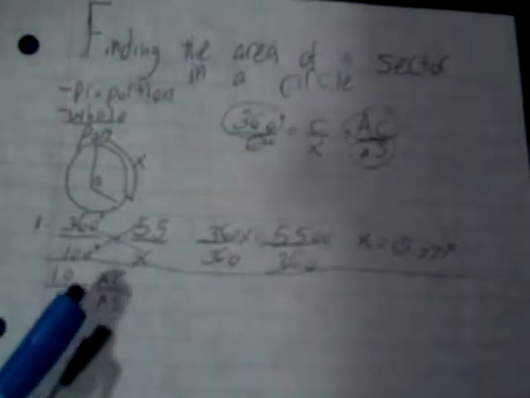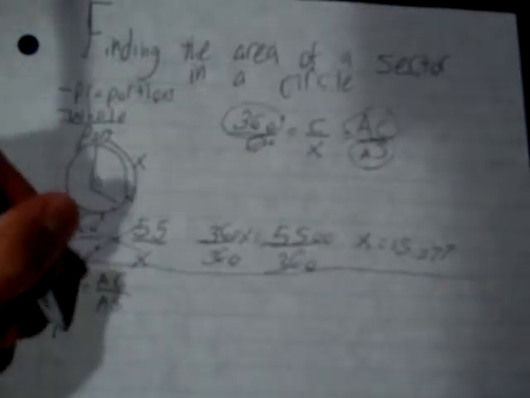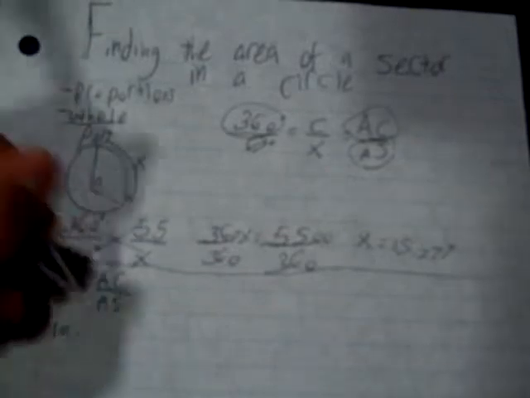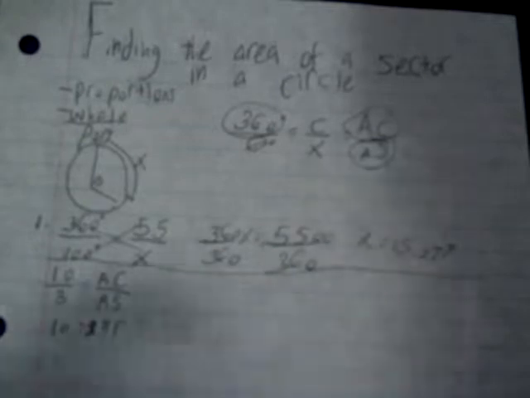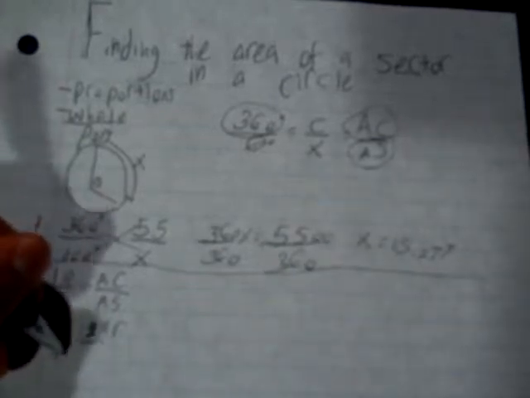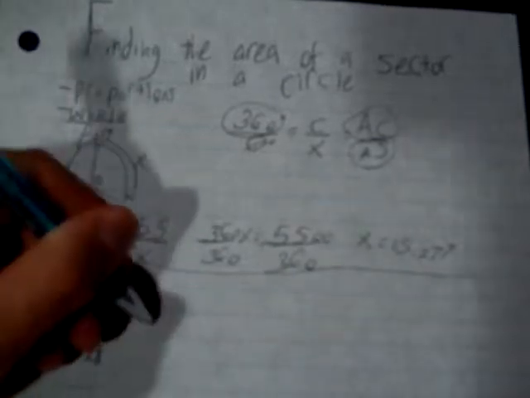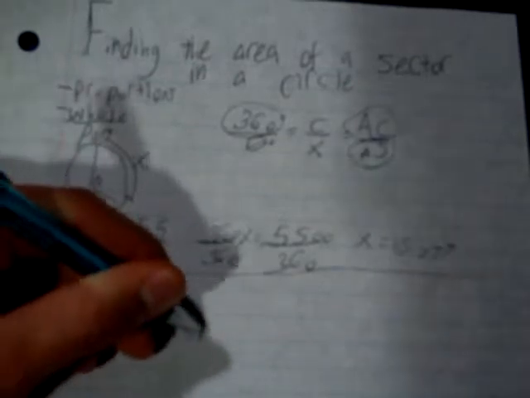And for this, we need to find the area of the circle, which we do by taking 10 and setting it equal to 2 pi r, which is how you find the circumference. Divide both sides by 2 pi, and we get r to be 1.59.